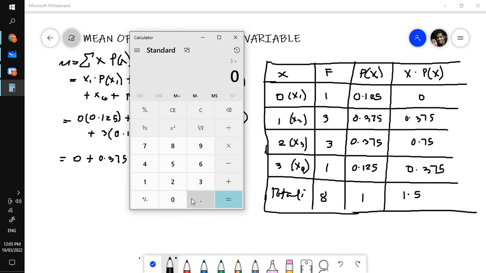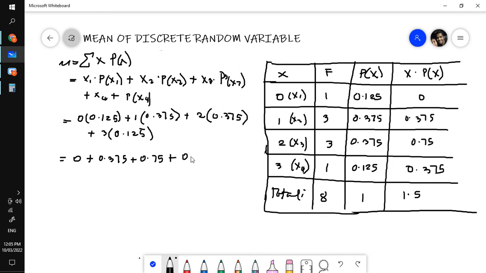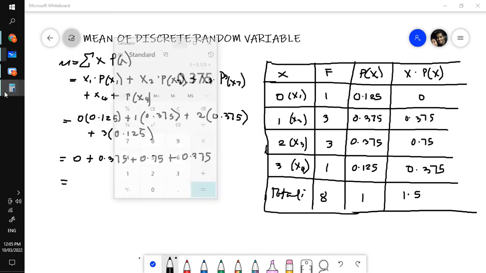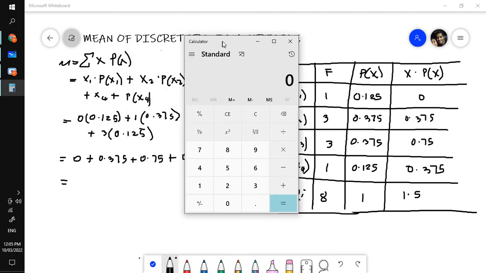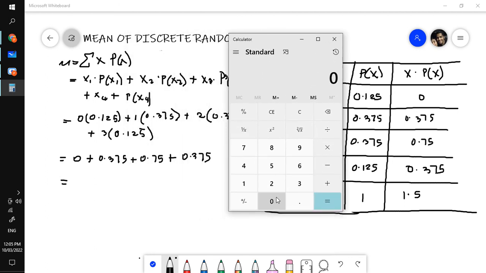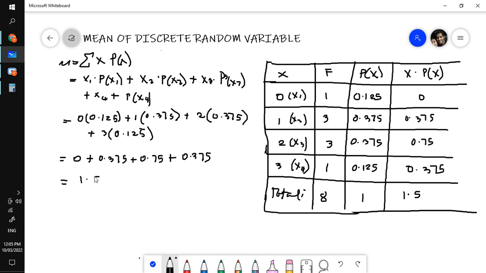3 times 0.125 will give us 0.375. Now let's add all these digits. We have 0 plus 0.375 plus 0.75 plus 0.375, that's equal to 1.5.